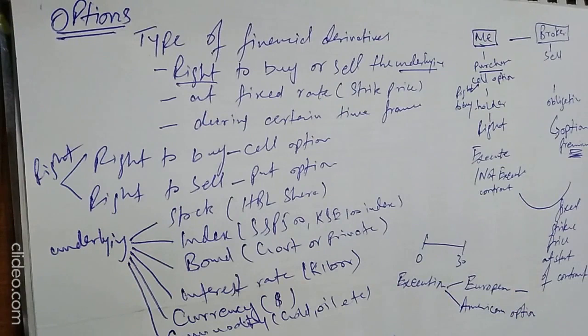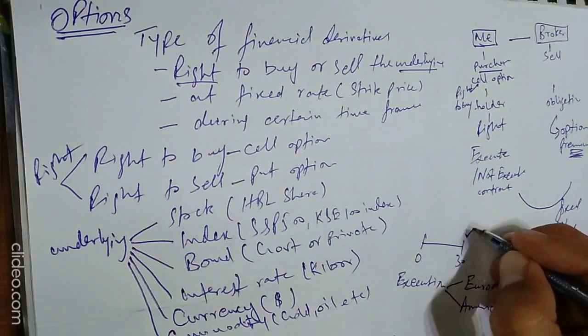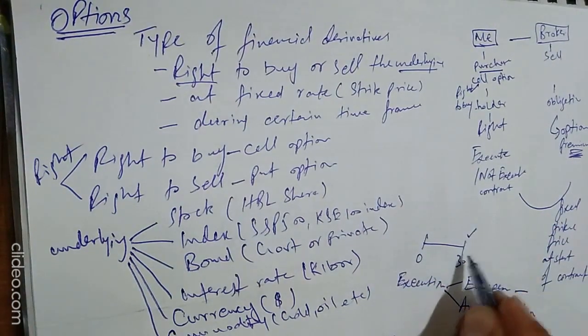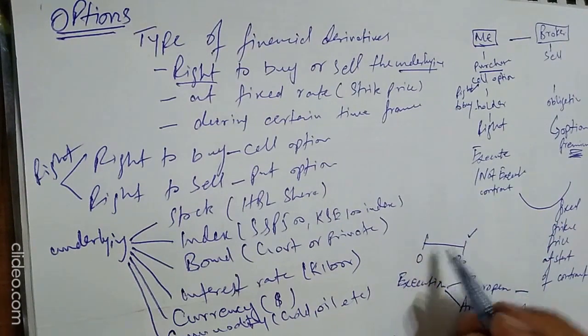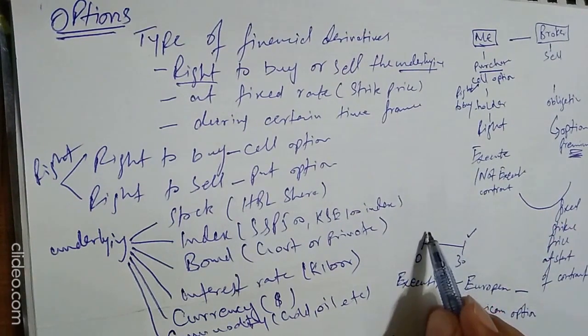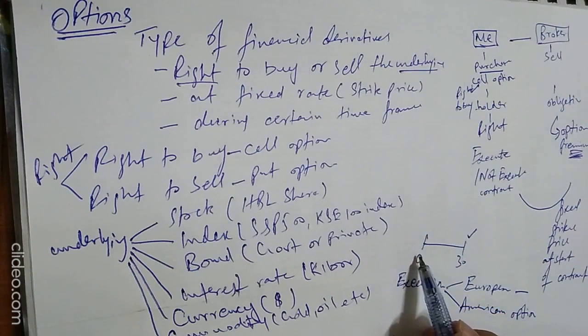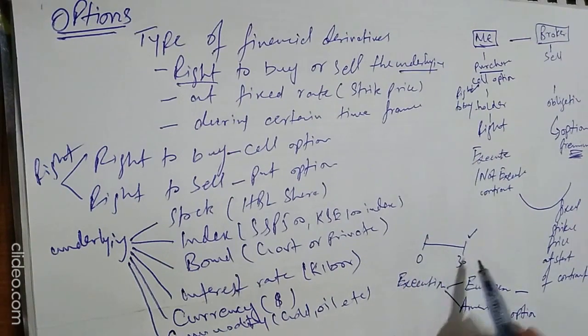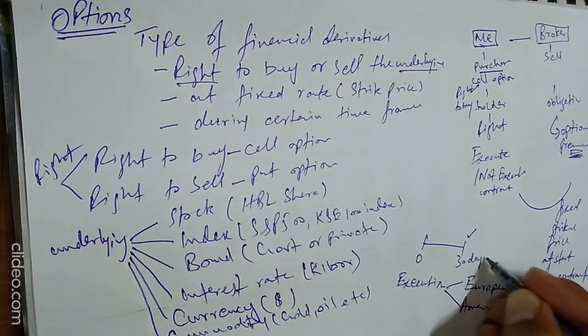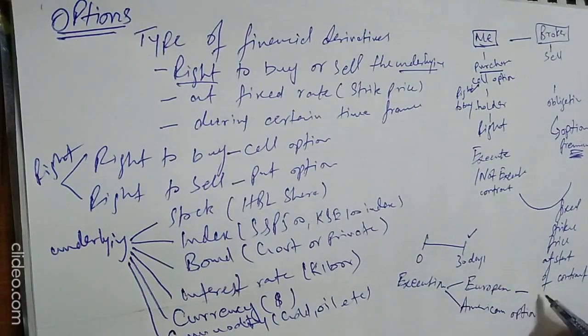The European options are always exercised on the expiry day. If I go for an option contract today and this contract has a duration of 30 days, then on the 30th day I will execute the European option. So European options are executed at expiry.